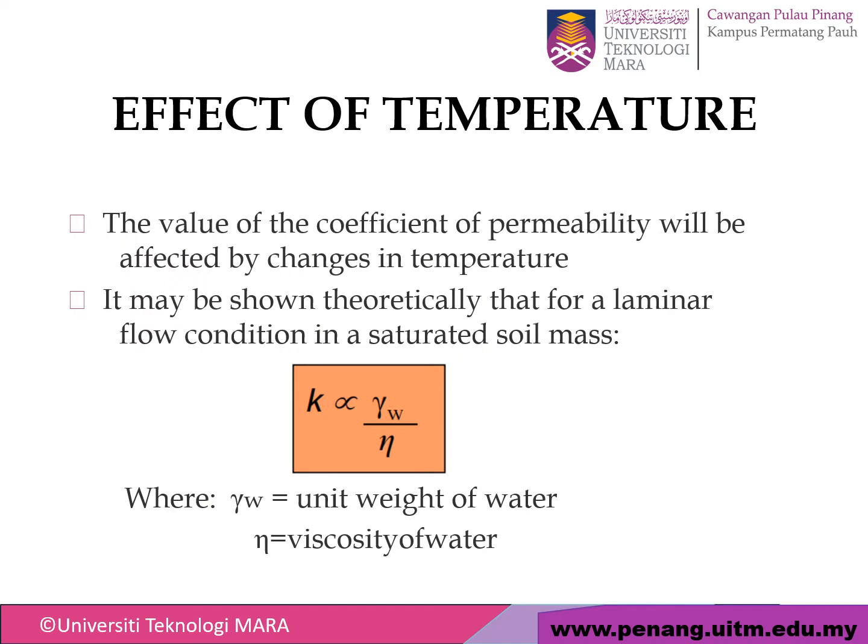Effect of temperature. The value of the coefficient of permeability K is affected by changes in temperature. Theoretically, for laminar flow conditions in a saturated soil mass, K is proportional to the unit weight of water over the viscosity of water.